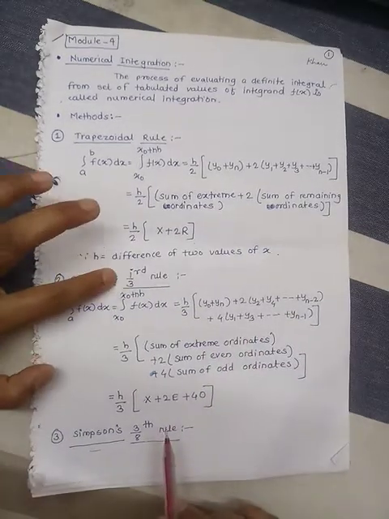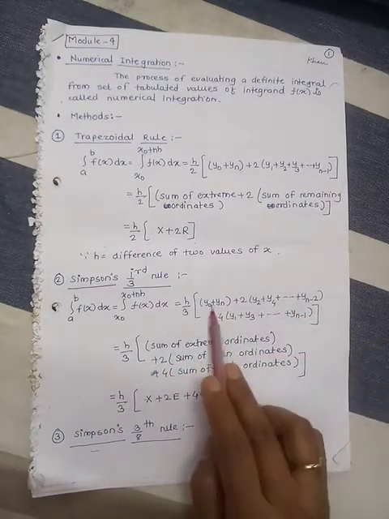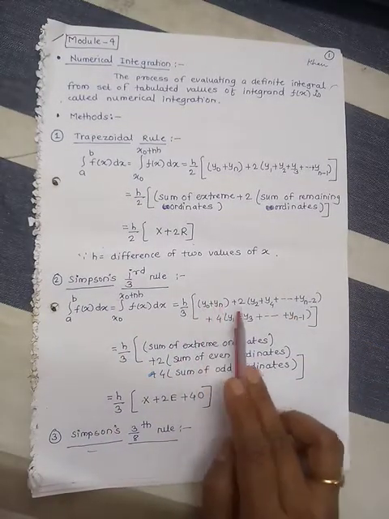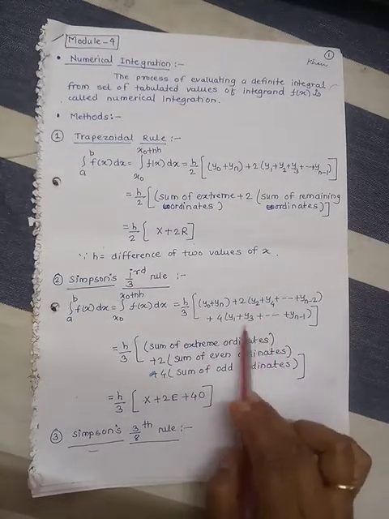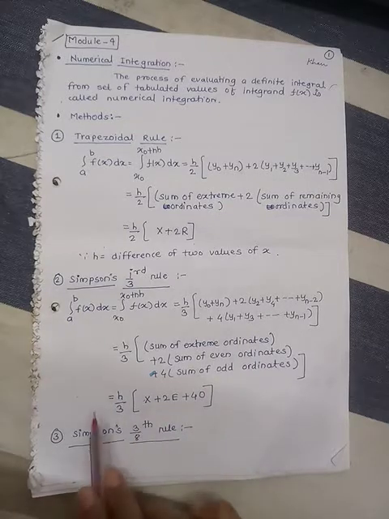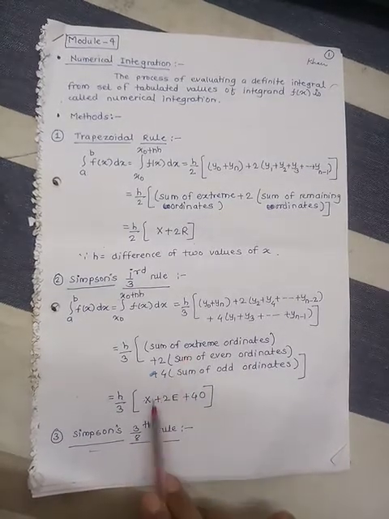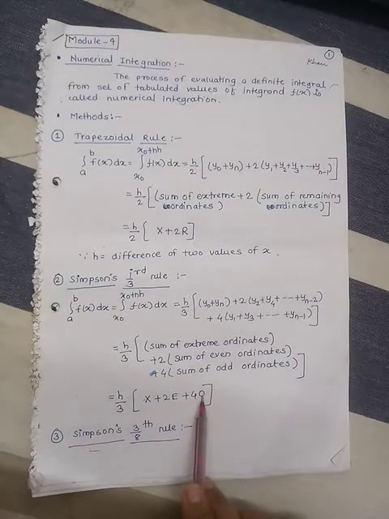So Simpson's one-third rule is integral from a to b f(x) dx equals h by 3 times the sum of the end values of y, plus 2 times even values of y, plus 4 times odd values of y. This will be written in the form h by 3 times the sum of extreme ordinates plus 2 times even ordinates plus 4 times odd ordinates.